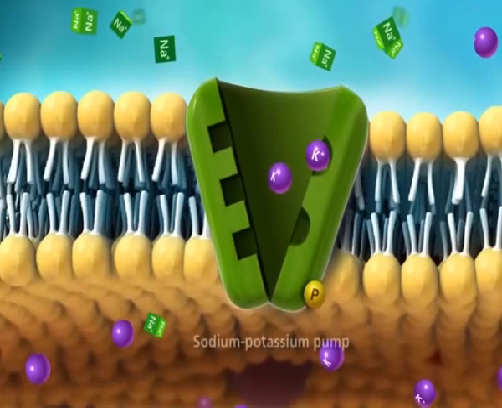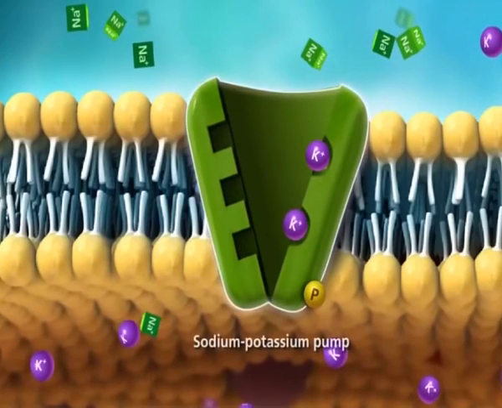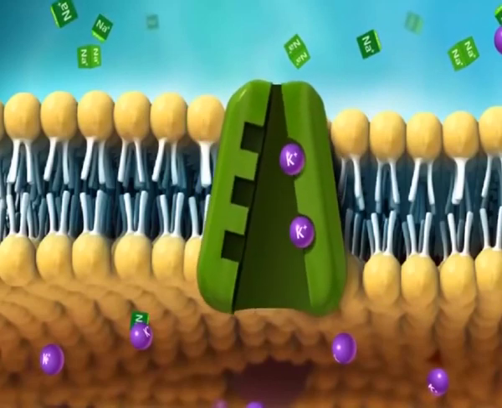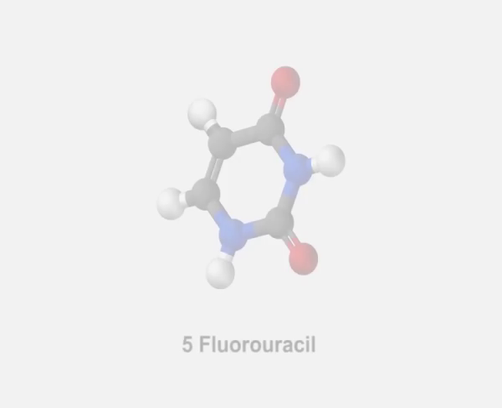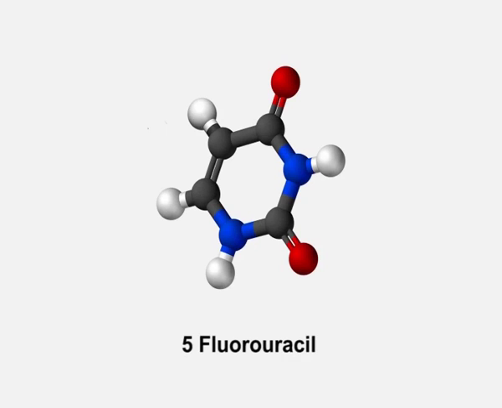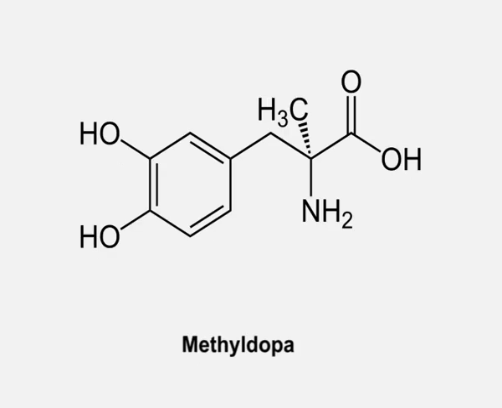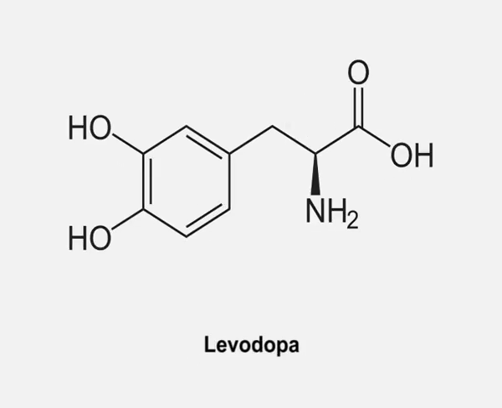Drugs having structural similarity to such agents are absorbed actively like pyrimidine transport system, absorption of 5-fluorouracil, that is 5-FU. Second is L-amino acids transport system, absorption of methyl dopa and levodopa.